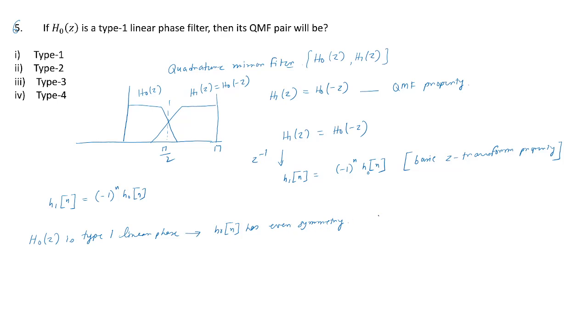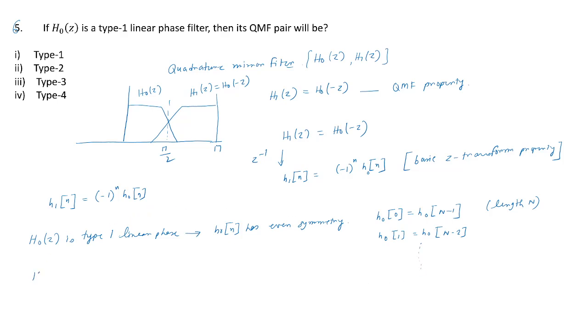And what does even symmetry mean? Your h0(0) is going to be h0(N-1) for length N, h0(1) equals h0(N-2), like that, correct?